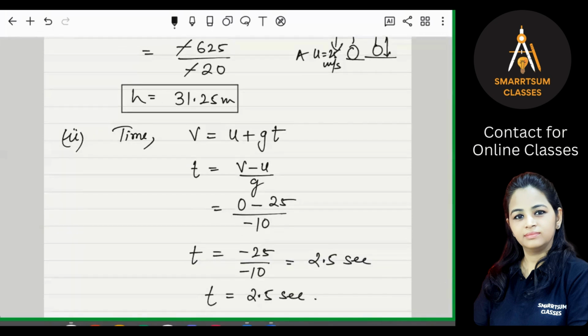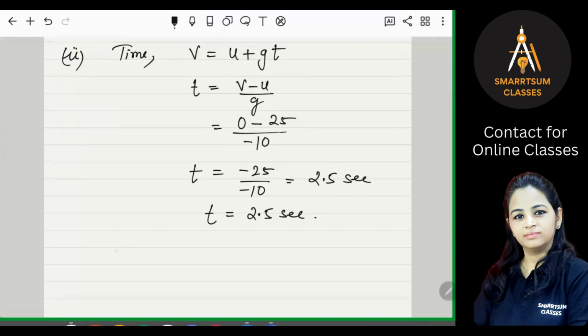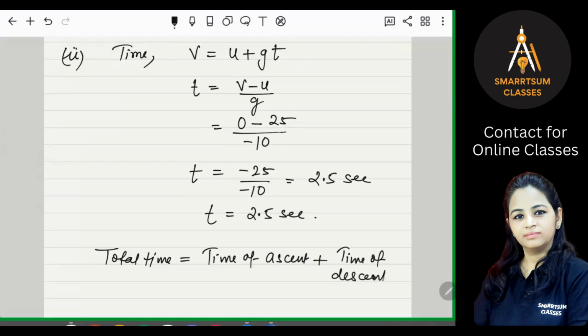But always remember, total time is always equal to time of ascent plus time of descent, when it is going up and going down. It is a sum of the two.